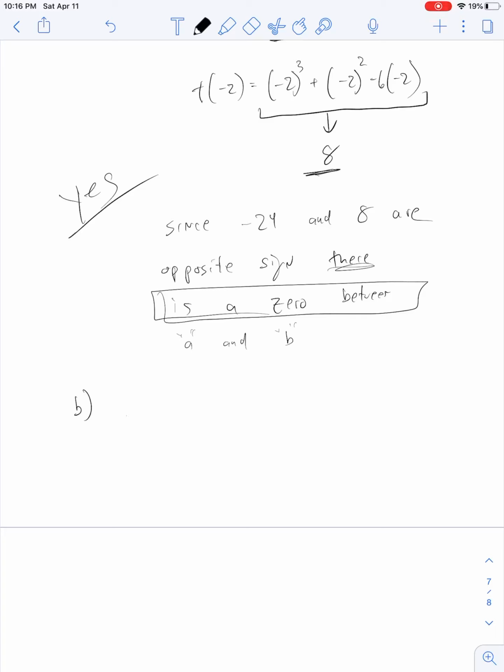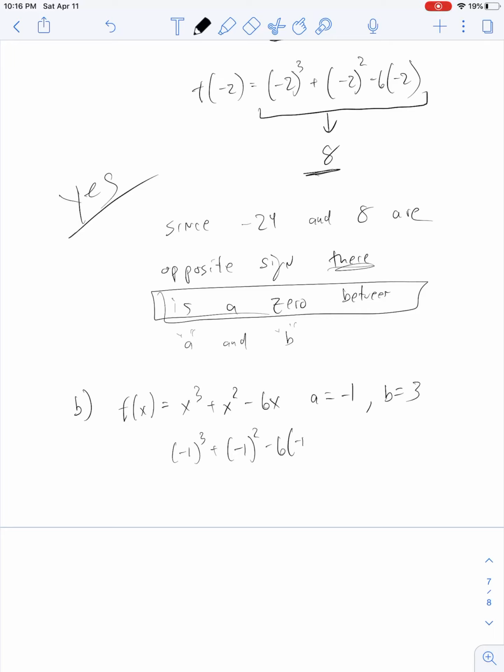How about one more example here? This time I tell you same function, f of x equals x to the third plus x squared minus 6x. I tell you a is negative 1 and b is 3. So we're doing the same thing again, right?